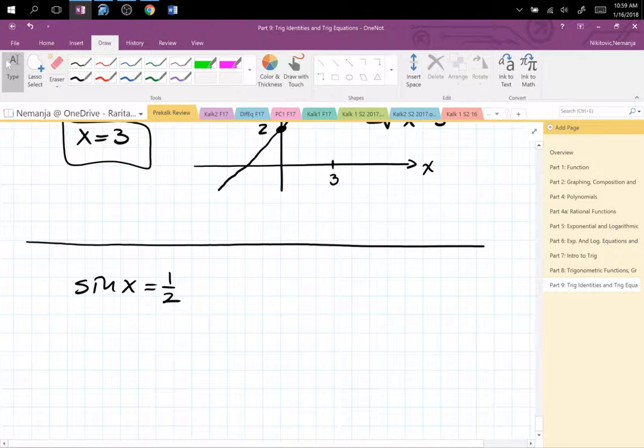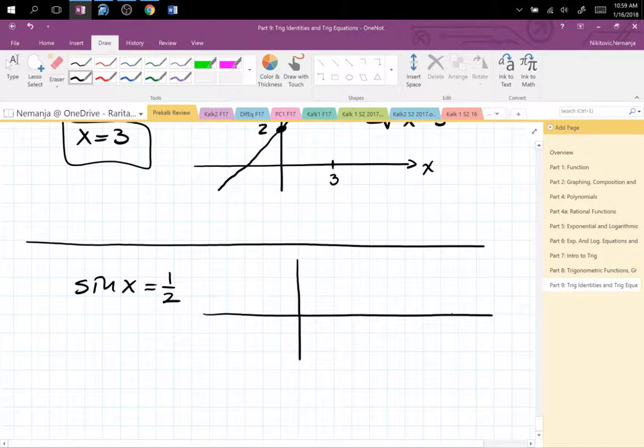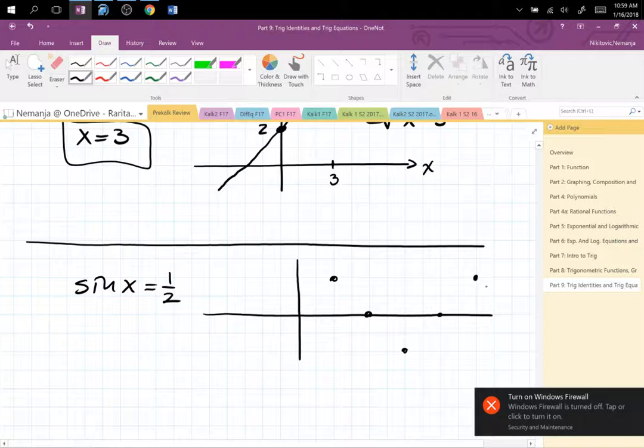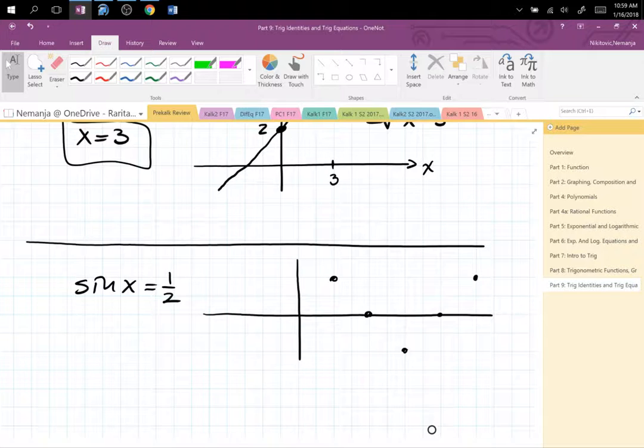Think of the sine wave, which is not restricted in any way. You remember the way that sine will go on forever?